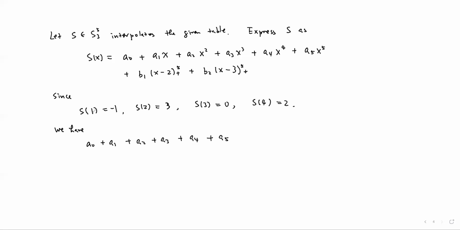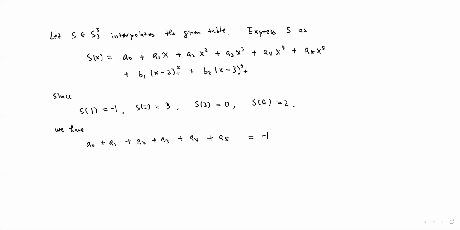By the definition of a truncated power function, because 1 is less than 2, this term is 0. And 1 is less than 3, so this truncated function is 0. So from this equation, we have this equation, which is equal to negative 1.